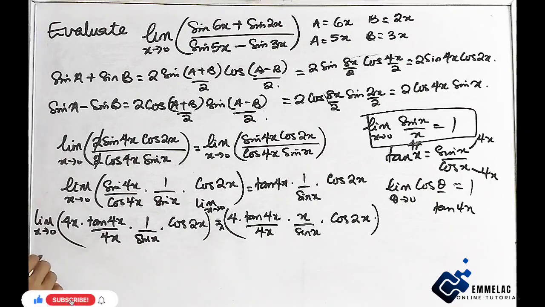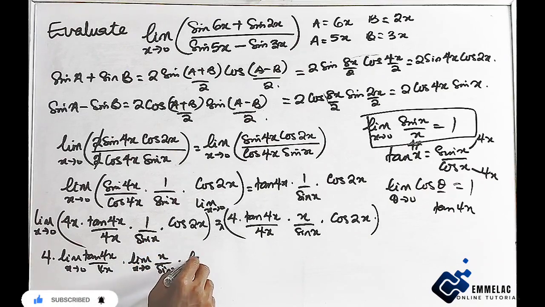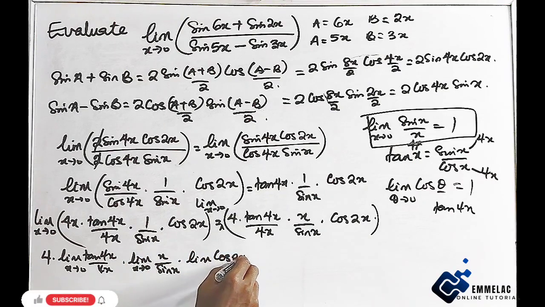So this will now be 4 times the limit of tan 4x all over x as x tends to 0, times the limit of x all over sin x as x tends to 0, times the limit of cos 2x as x tends to 0.